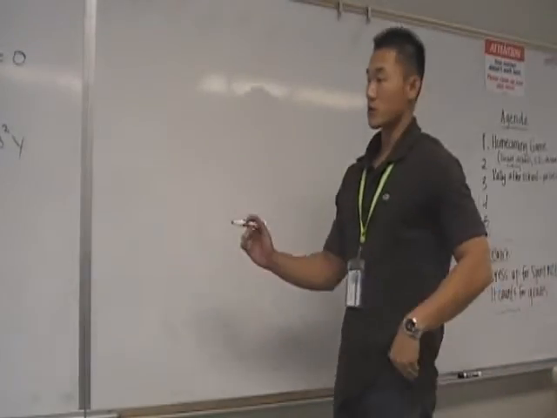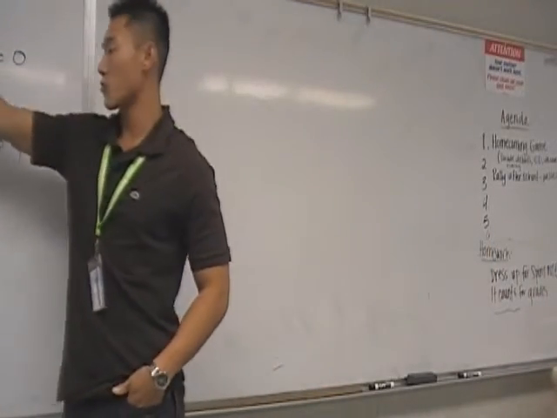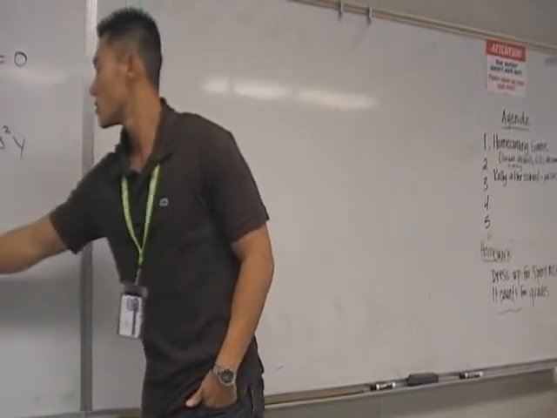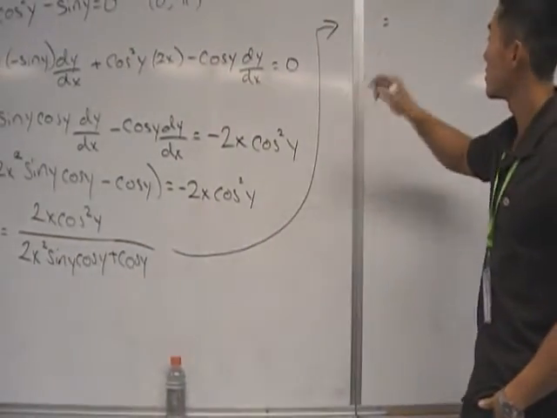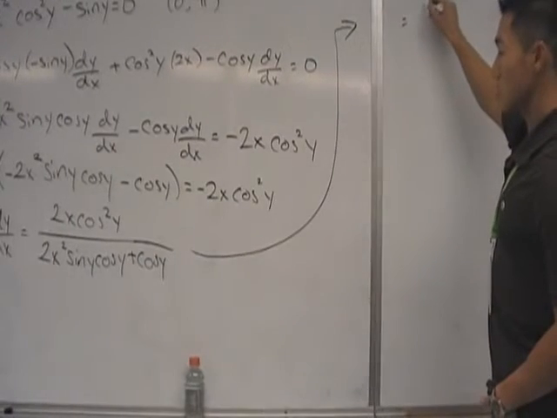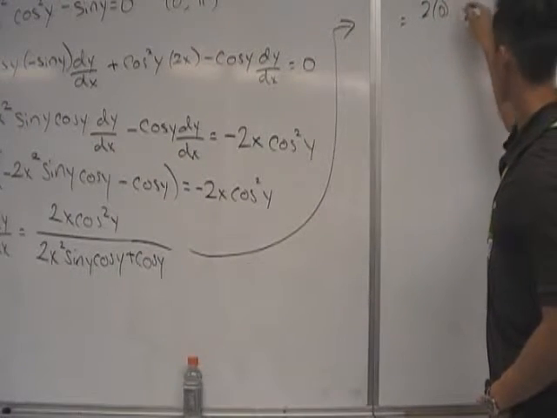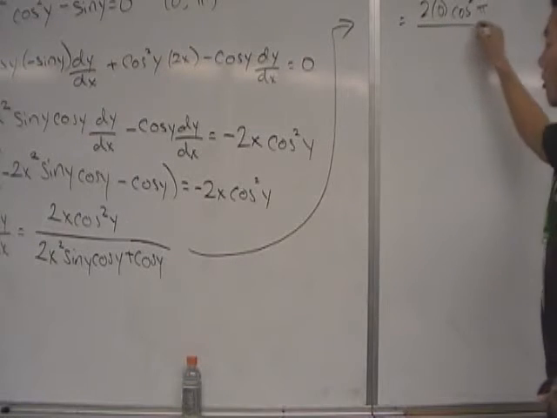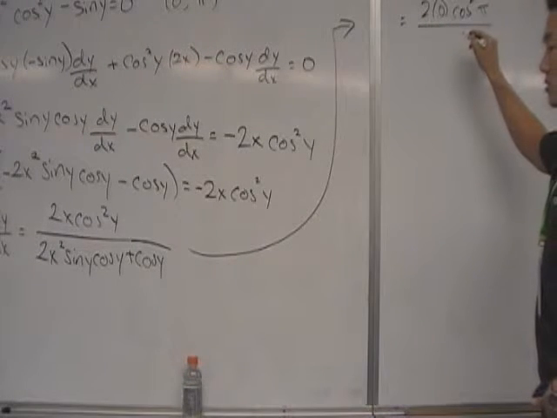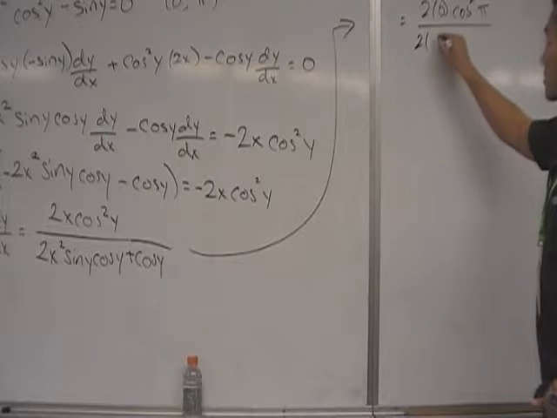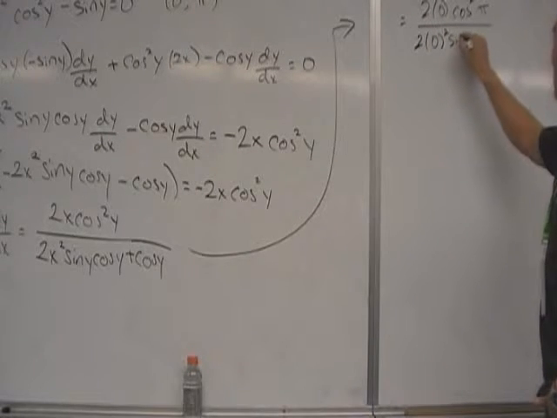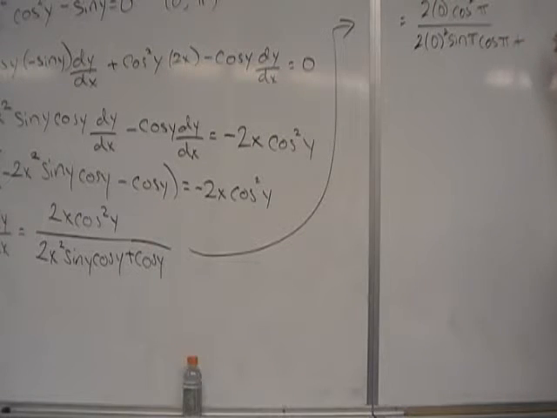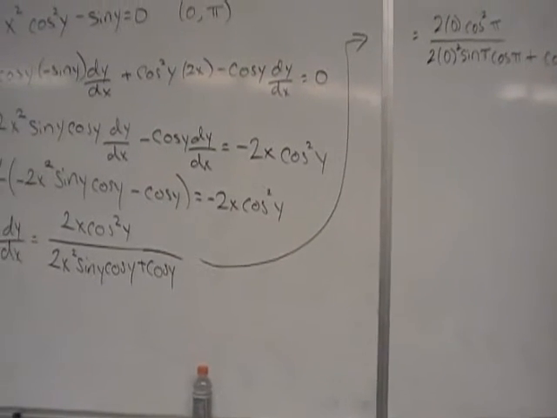Okay, let's figure out what the slope is. We're going to plug in 0 for x and pi for y. So we get 2 times 0 times cosine squared pi over 2 times 0 squared sine of pi cosine of pi plus cosine of pi.